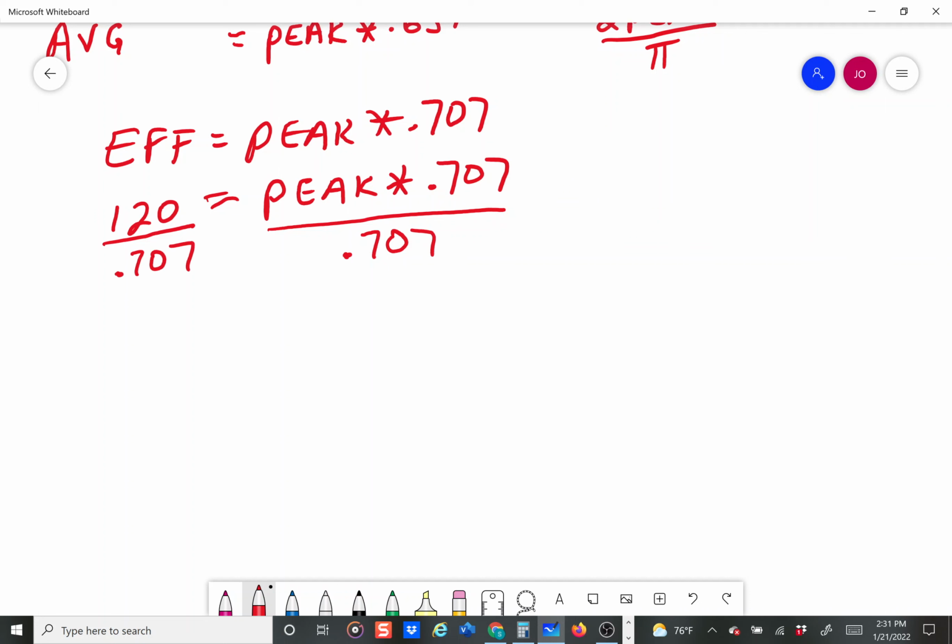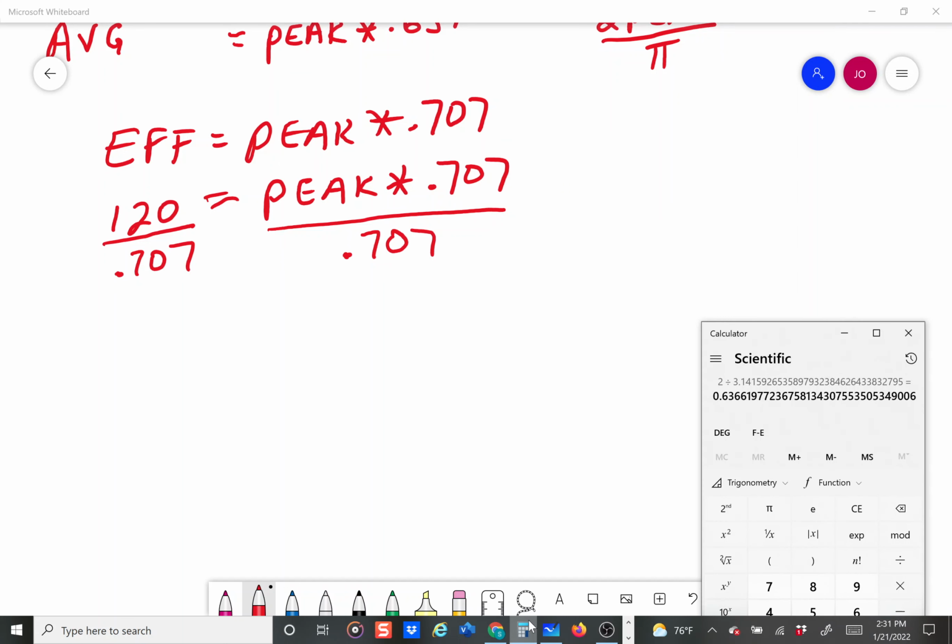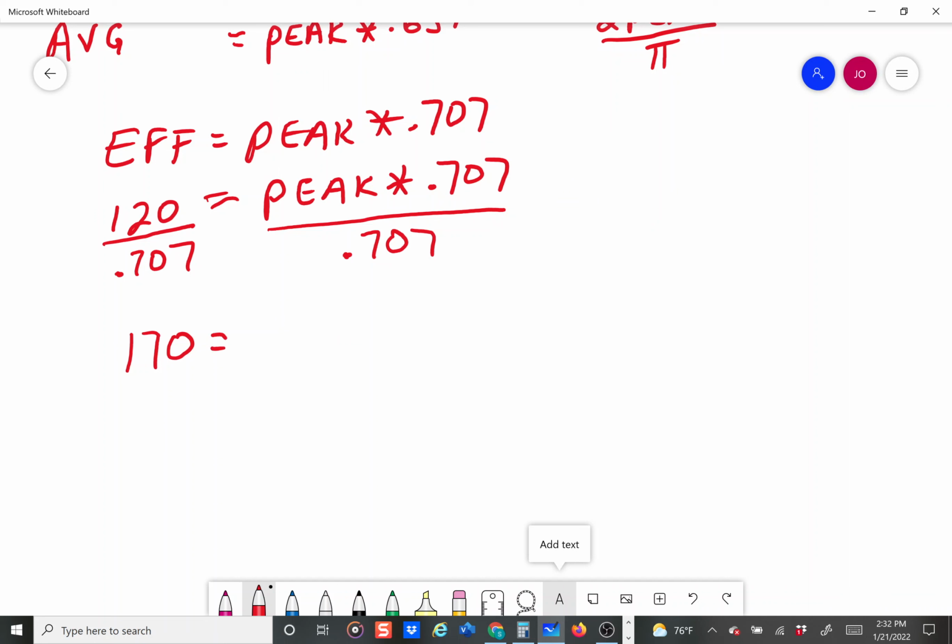And when I do that, 120 divided by 0.707, let's go calculator. 120 divided by 0.707 gives me a value of 169.73. So we're just going to go ahead and call it 170. So 170 volts equals my peak voltage.